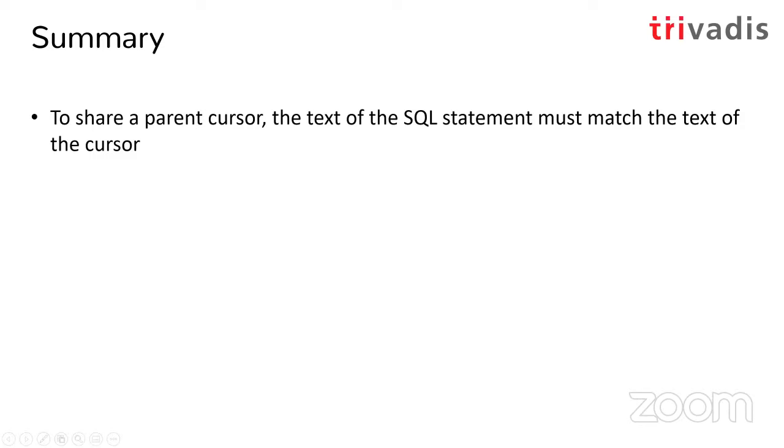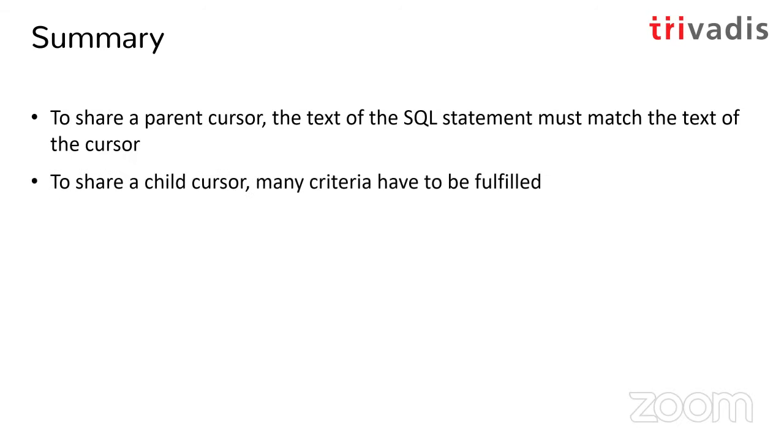So in summary, since we are already 5 minutes over time, let's summarize, in my opinion, the most important information I shared with you today. First, if the system wants to share a parent cursor, the text of the SQL statement must match exactly. As you've seen, there is an exception if you set cursor sharing, but except for that, the text must be the same.